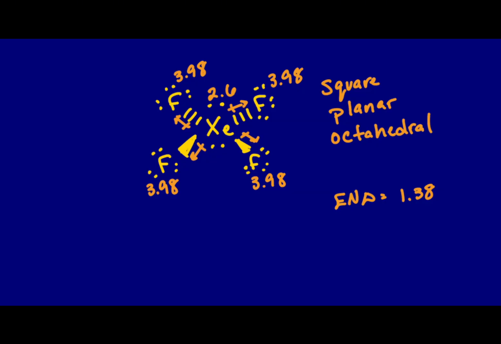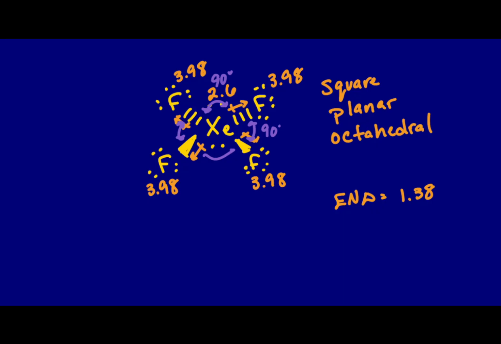Because xenon in this example gives us a square planar shape, all of the bond angles between each of the xenon-fluorine bonds are going to be 90 degrees. So all of these angles here, they're all going to be 90 degrees. So it's almost like they create this perfect square, hence our shape of square planar.